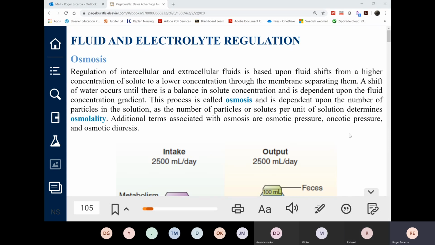So let's say if I don't give you a break, you get thirsty, but then you still can't get a break because let's say I don't let you. Okay. So the concentrations in your plasma, fluid concentrations will change, correct?